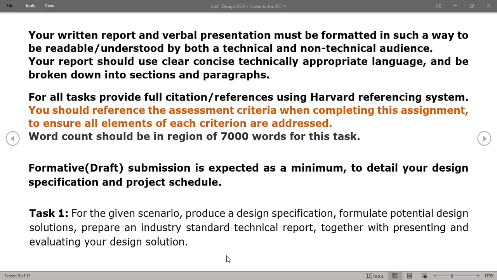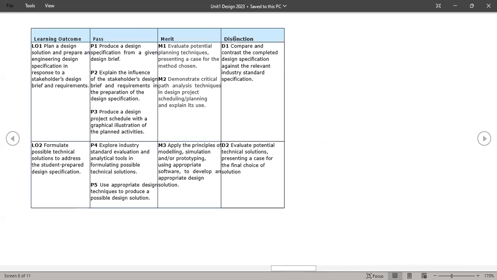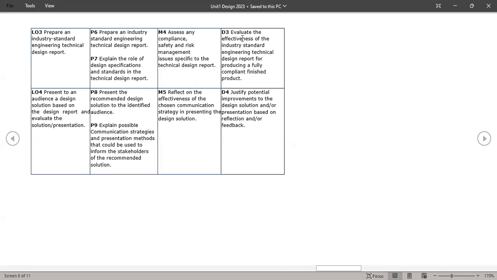Again, it's important to reflect at the end. And again, that's what these distinction criteria are there for in terms of D3 and D4. So it says evaluate the effectiveness of your design report for producing a fully compliant finished product.